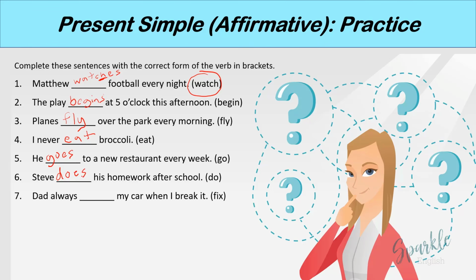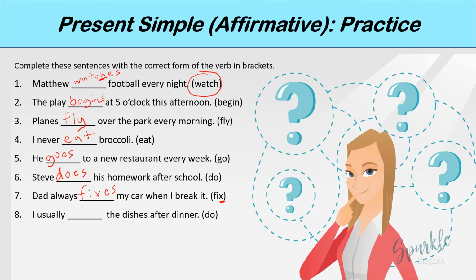Number 7, Dad always my car when I break it. This verb ends in X, and when a verb ends in X, for the he, she, or it form, we have to add es. So Dad always fixes my car when I break it. F-I-X-E-S.